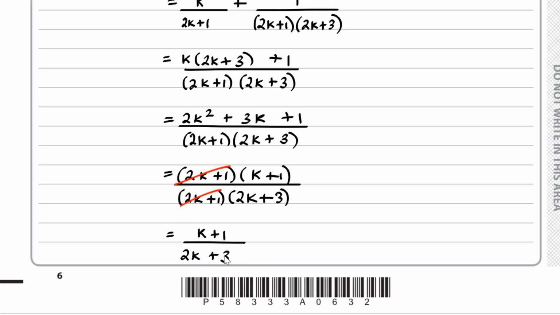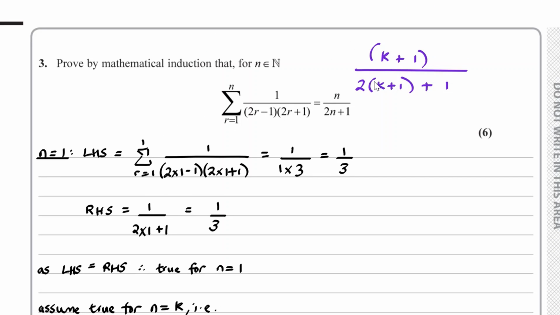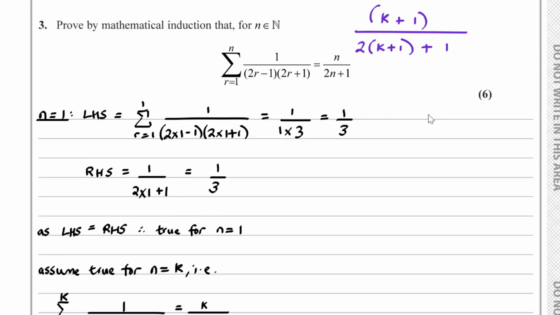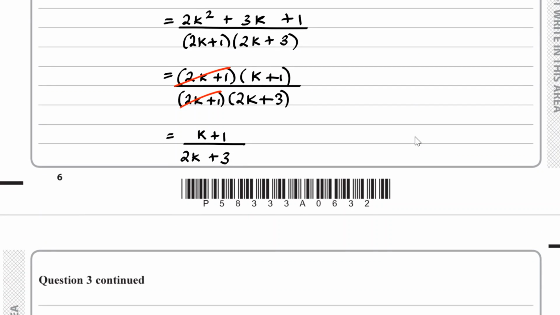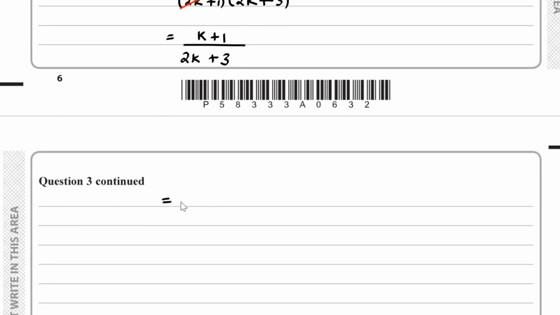And the 2k plus 3, that's the exact same as 2 lots of k plus 1 plus 1. So this here is the same as k plus 1 over 2 lots of k plus 1 plus 1. And therefore we see that this result is true for n equals k plus 1.